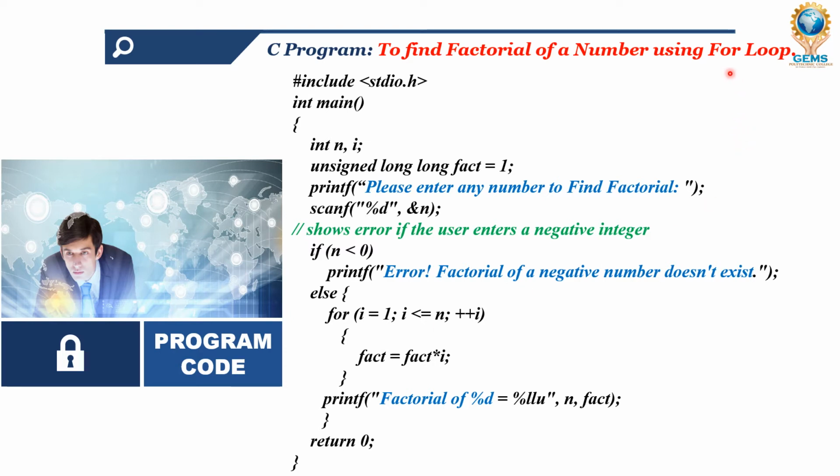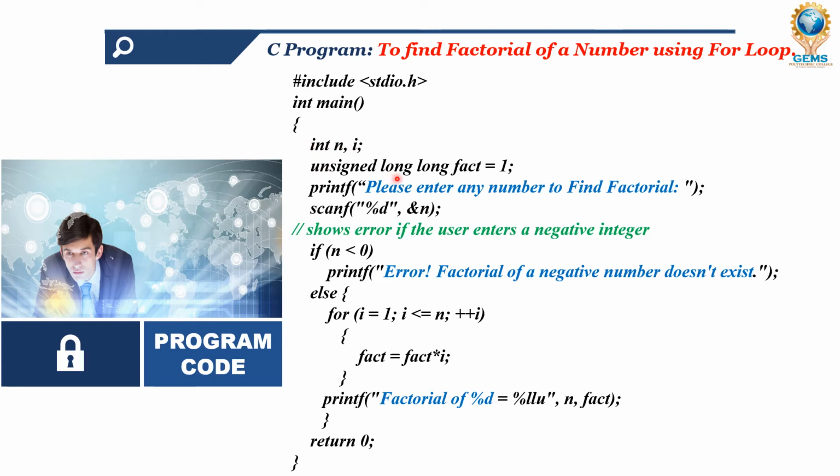Here I am using a for loop to find the factorial of any given number. I use stdio.h as a header file here. It's a library file, we can also call it a header file. I have a main function here. Now int n, i, these are two variables having data type integer.